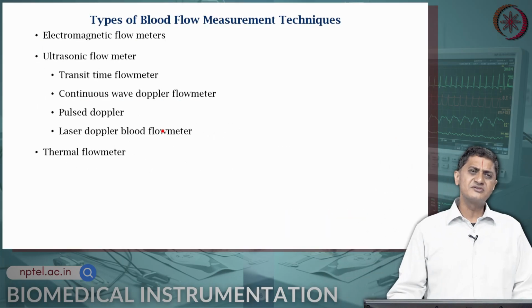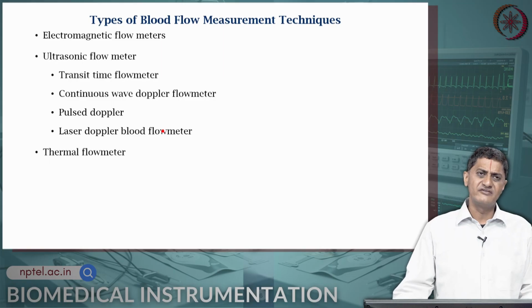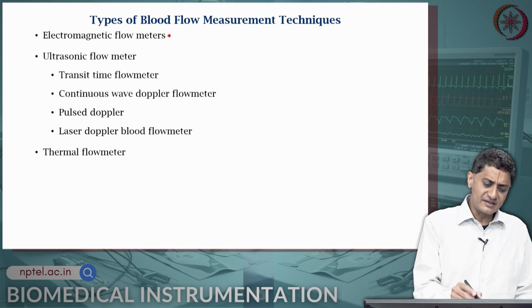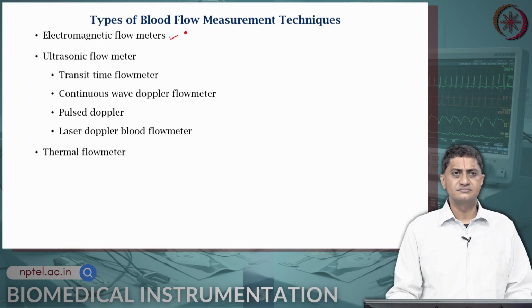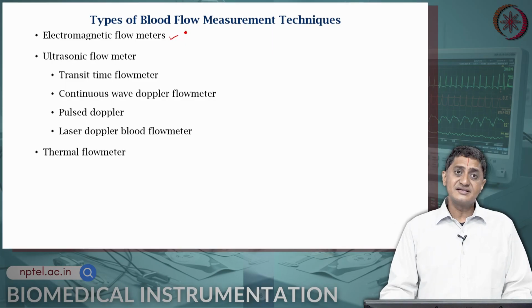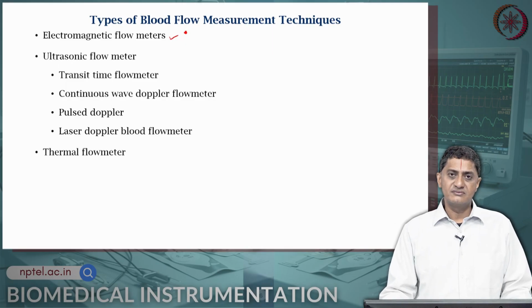There are different types of flow meters that are available. One of them is the electromagnetic flow meter. The other uses ultrasound, and in this there are different types. Transit time flow meter, one measures the amount of time it takes for the sound to travel in upstream and downstream.